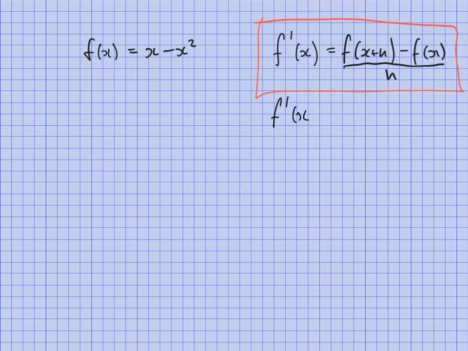f dashed of x is equal to the limit as h tends towards 0 of f of x plus h minus f of x all over h.